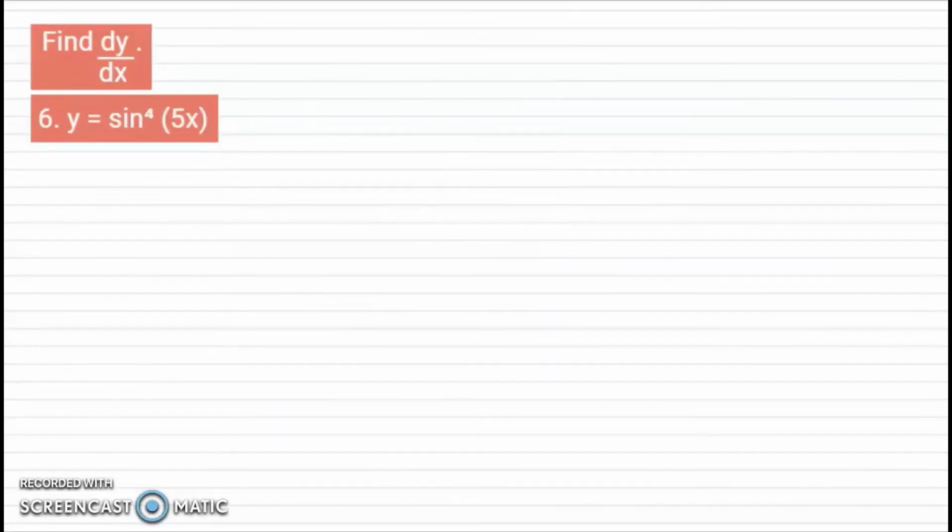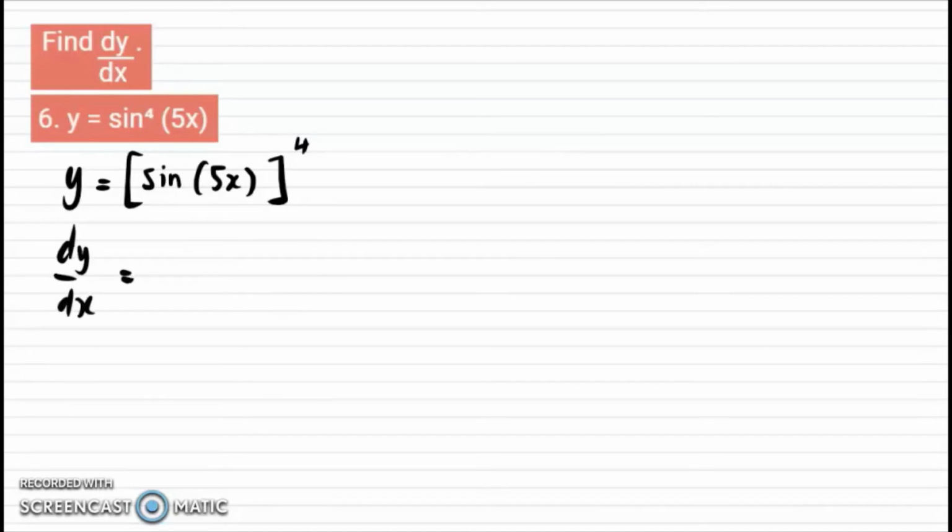Now, this number 6 example, we can write this as y is equal to sine 5x raised to 4. So, they mean the same thing. So, the derivative of y with respect to x equals applying the power of a function.